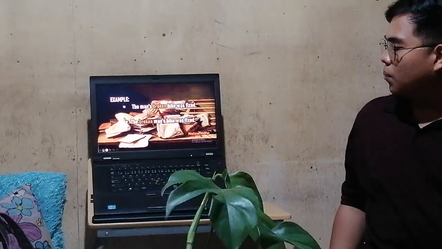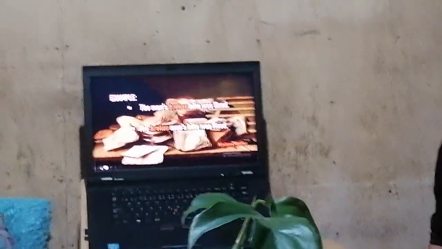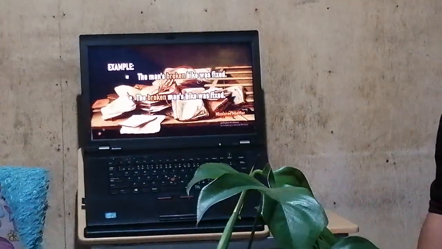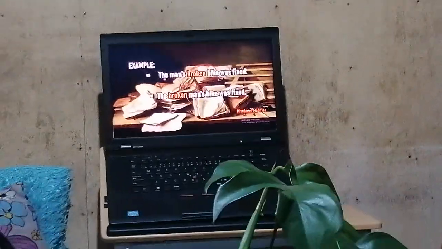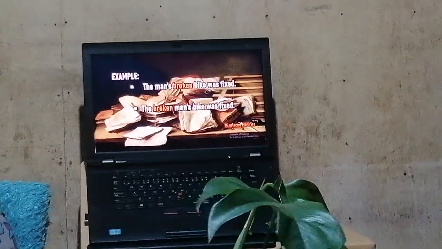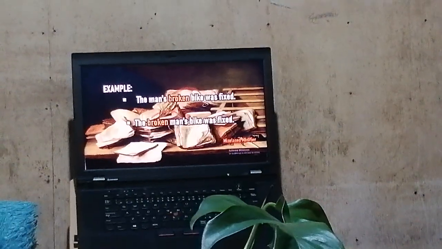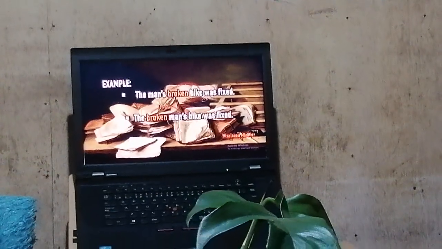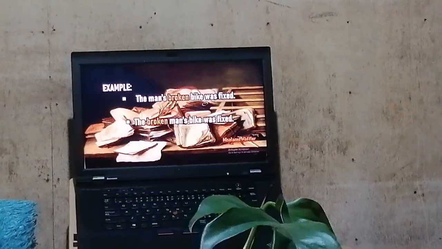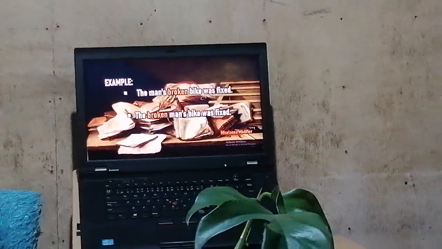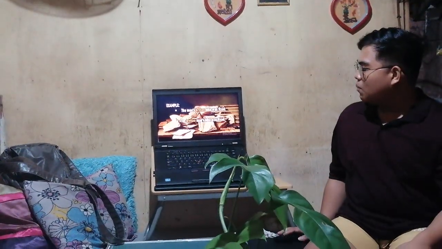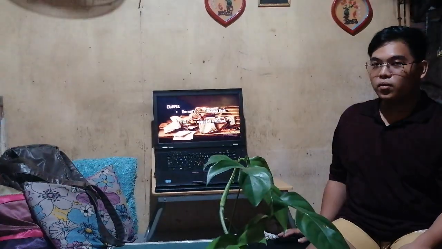Here is an example of a misplaced modifier. On the first sentence, it says, the man's broken bike was fixed. And on the second sentence, it says, the broken man's bike was fixed. Both sentences have the same modifier, which is broken.